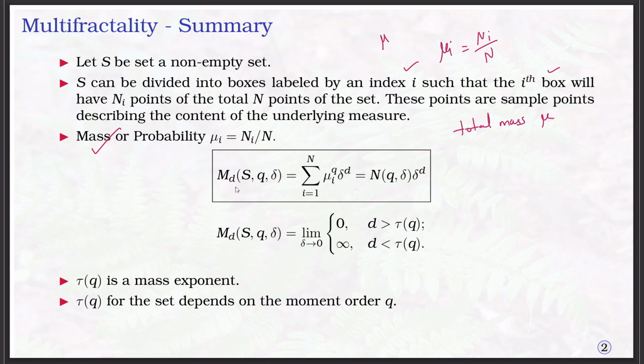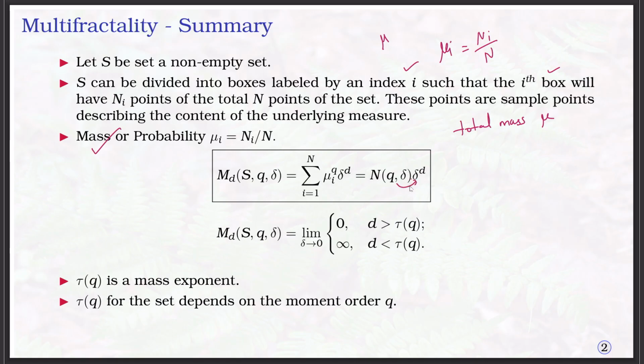Then the M D of S, q, delta, like the Hausdorff dimension, is the summation of i equals 1 to n of mu i power q delta power d, which is equal to the number of boxes having the Holder exponent. q comma delta is defined as delta power d.